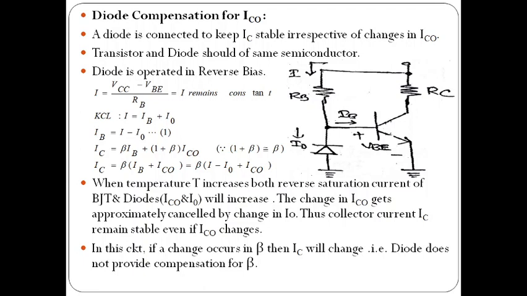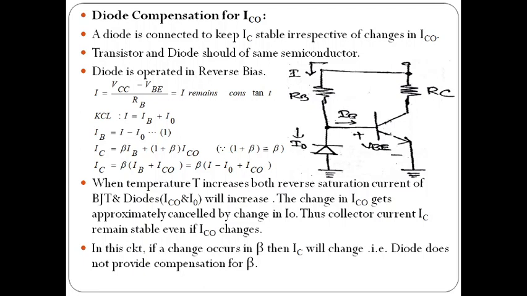We know that the reverse saturation current of the collector junction varies with temperature. For every 1 degree Celsius of temperature increase, the reverse saturation current of the collector junction increases by 7%.